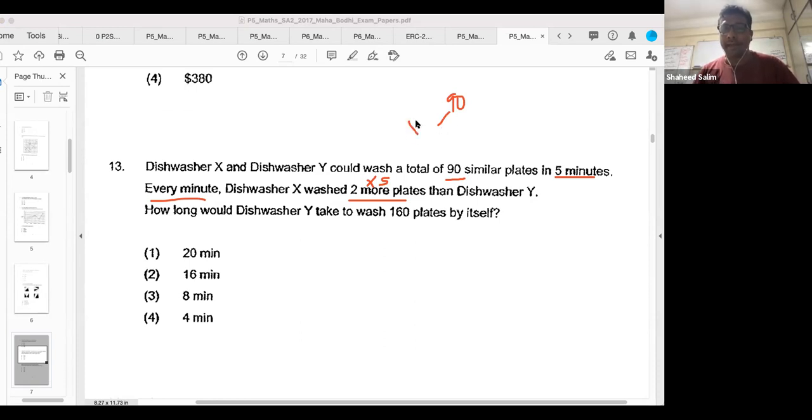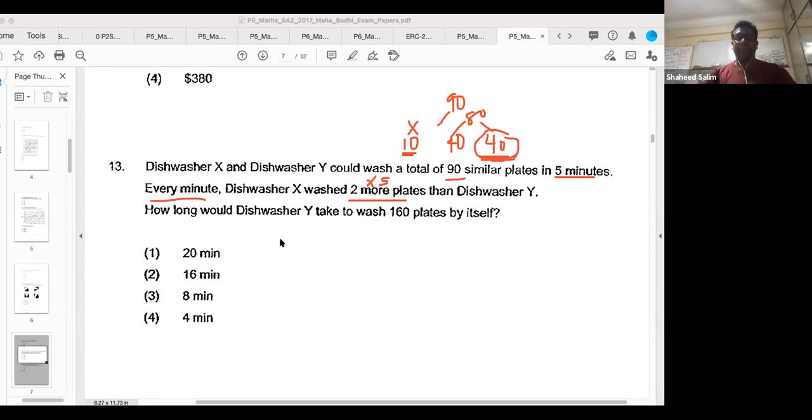And who takes the 10? X takes the 10, because X can wash 2 more every minute. So 2 times 5 is 10 plates. So your balance is 80. Now this 80, you divide by 2, you get 40 goes to Y, 40 goes to X. So every 5 minutes, dishwasher Y can wash 40.